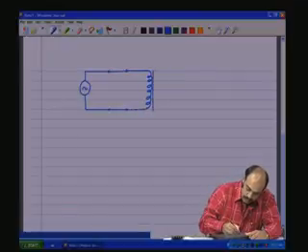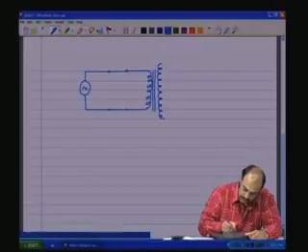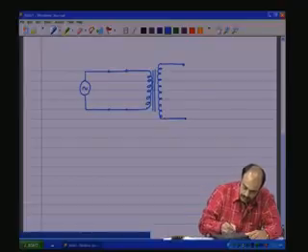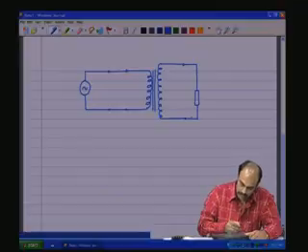There is a core and it is a step up transformer, let us say, and this is connected to a load as shown like this.